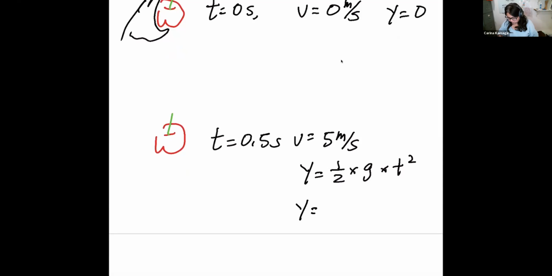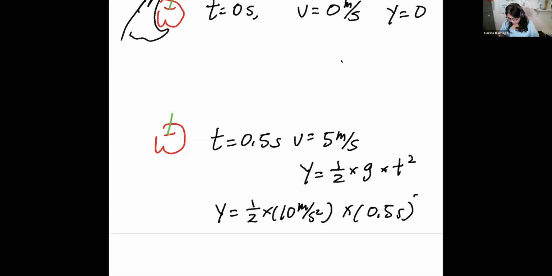So y equals 1/2 times 10 meters per second squared times 0.5 seconds squared.